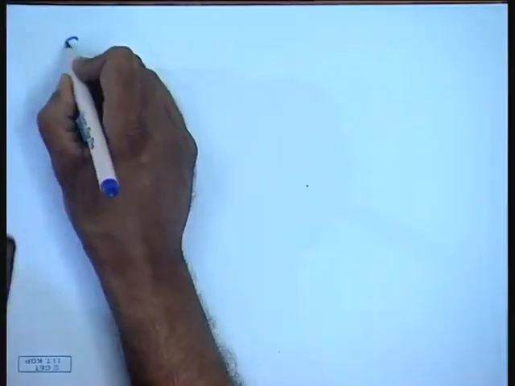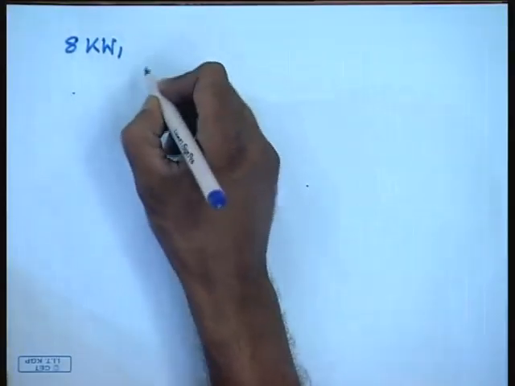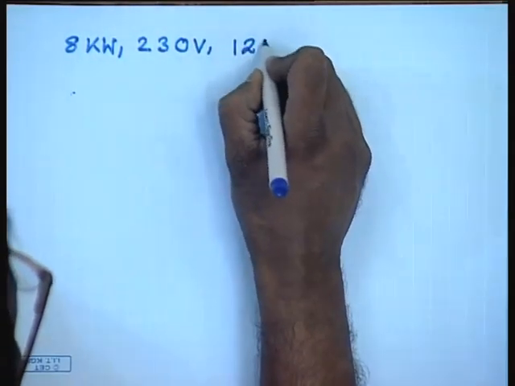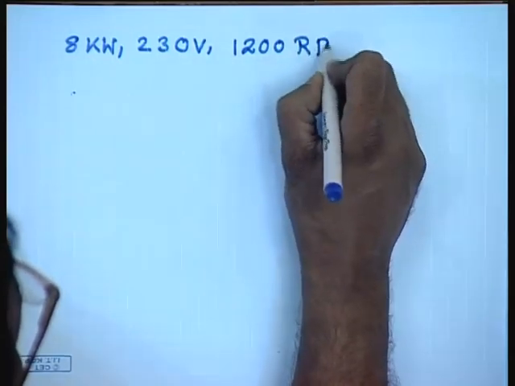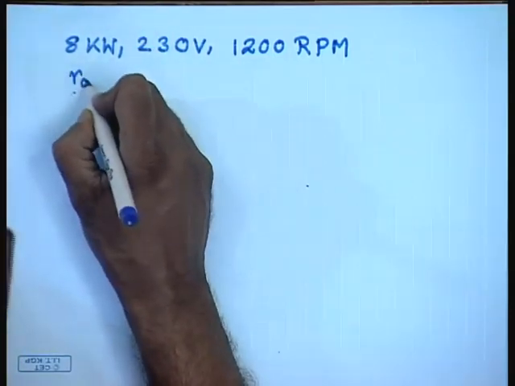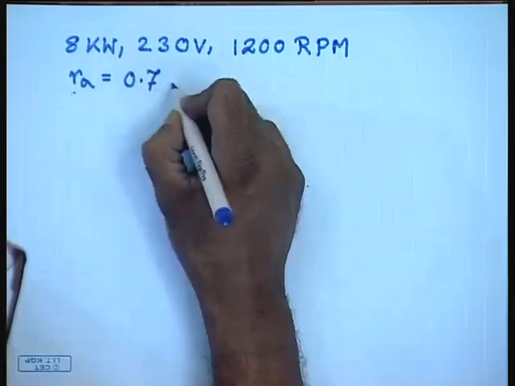Let us say we have a DC machine, eight kilowatt, 230 volt, 1200 RPM. The armature resistance Ra equal to 0.7 ohm.